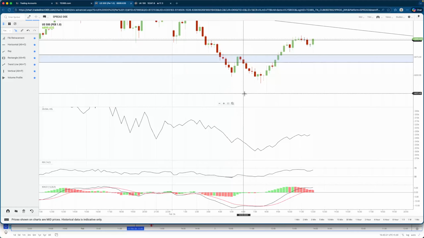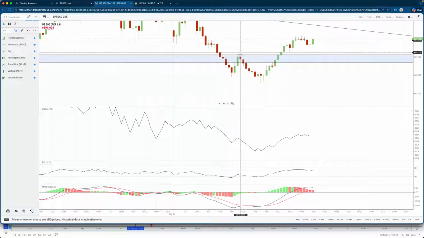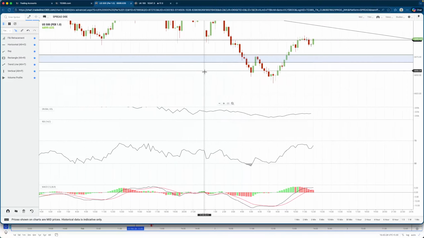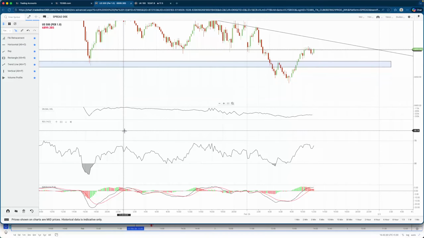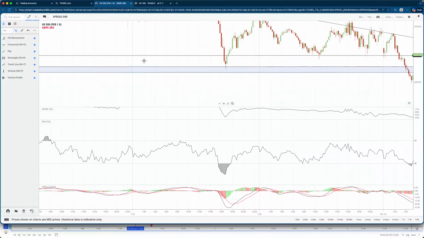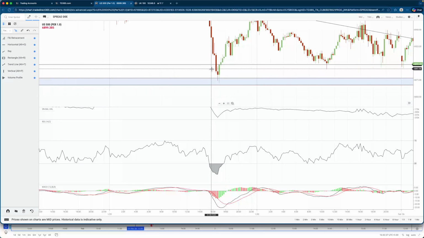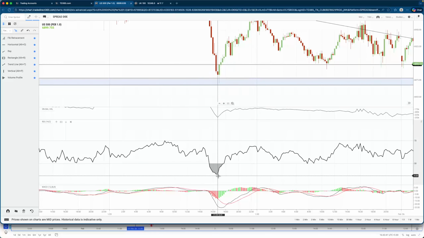So nothing wrong here. Let's quickly inspect some indicators. This is RSI for strength. Let's go back and see how the RSI behaved. During this period, the RSI was 8, which is very, very low.